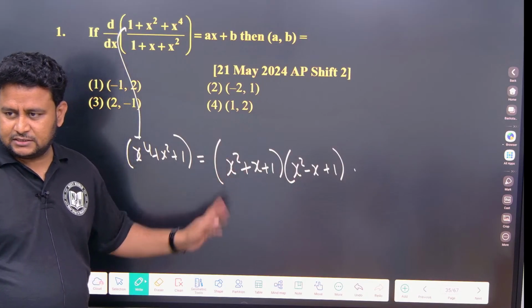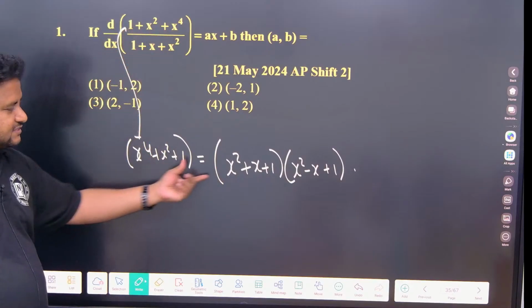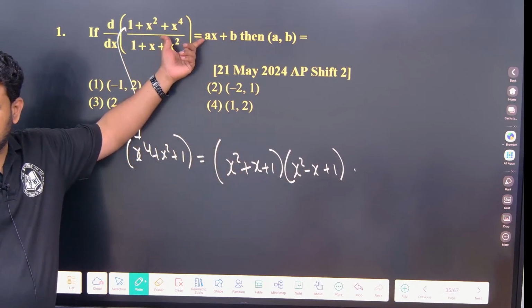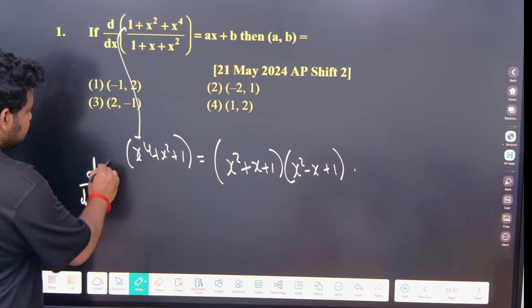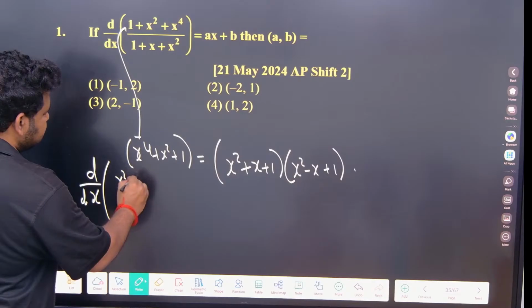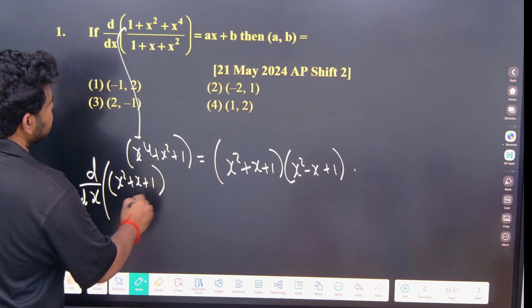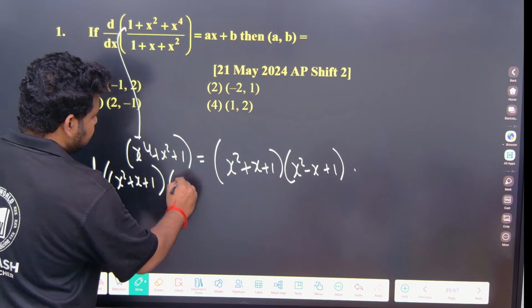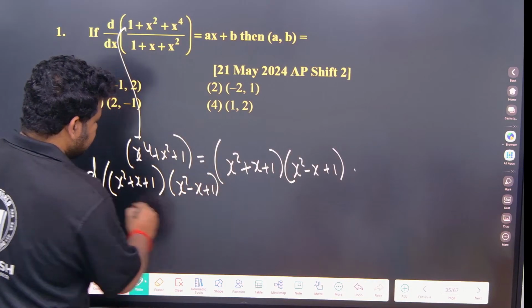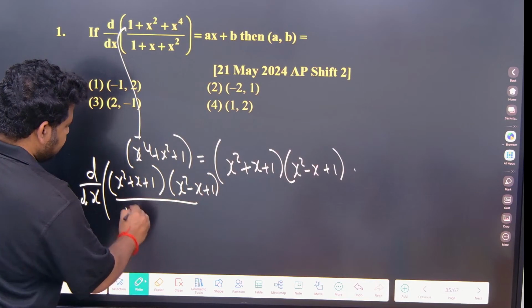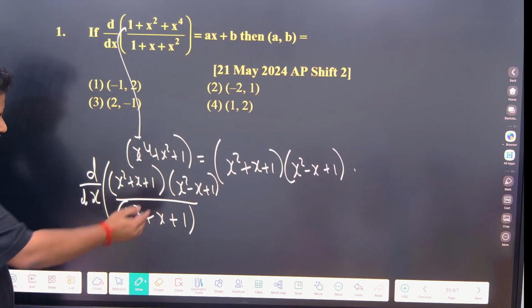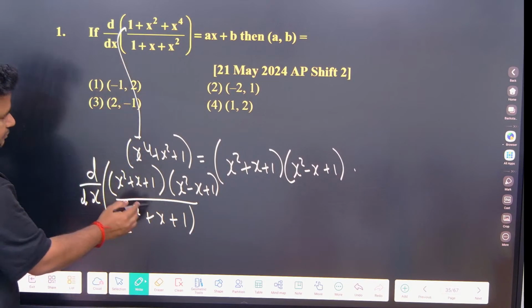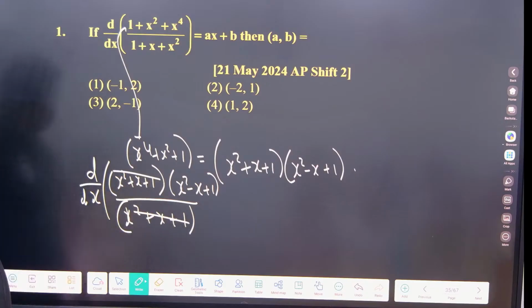Now I can substitute this same thing here. So this will become d by dx of (x square plus x plus 1) into (x square minus x plus 1) divided by (x square plus x plus 1). The same thing we have here, so I can cancel this and this.